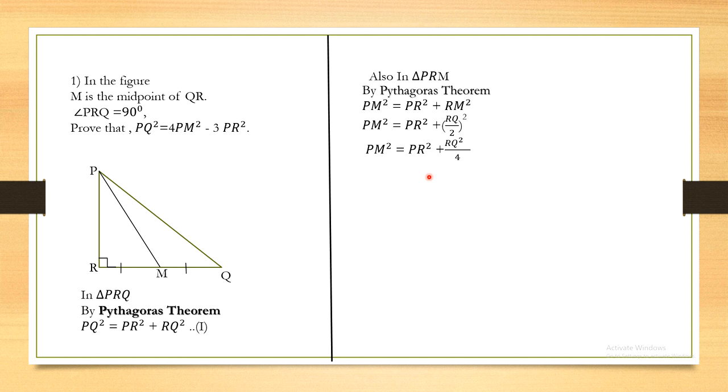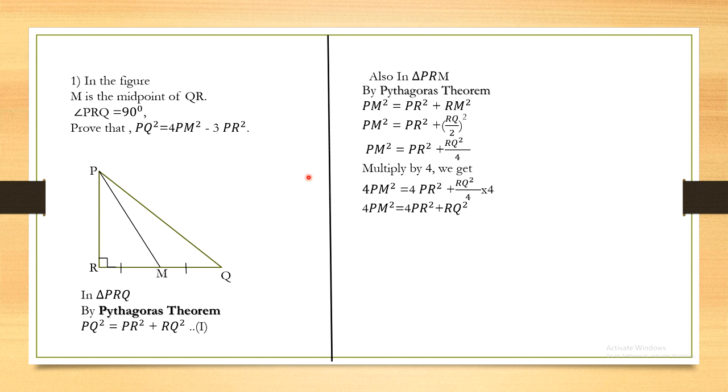So PM square equals PR square plus RQ by 2 whole square. So we get PM square equal to PR square plus RQ square by 4. Multiplying by 4, we get 4PM square equal to 4PR square plus RQ square by 4 into 4. The 4 gets cancelled, so we get this.